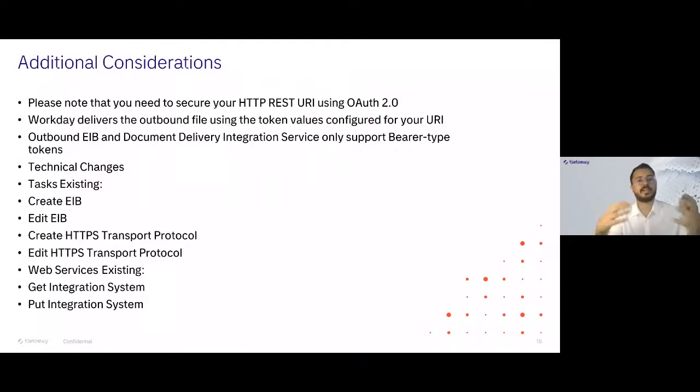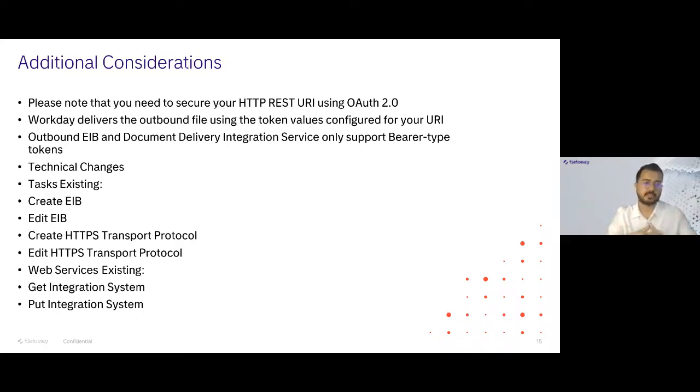So what is the additional consideration that we have to keep in our mind? That you need to secure your HTTP REST URL using OAuth 2.0 and Workday delivers the outbound file using the token values configured for your URL. And it only supports bearer type tokens.